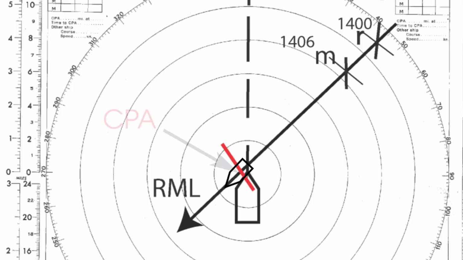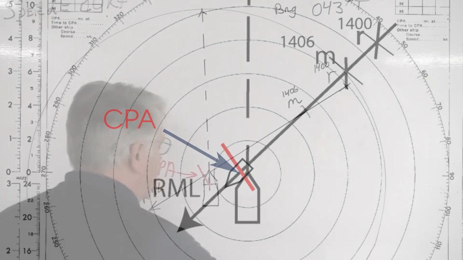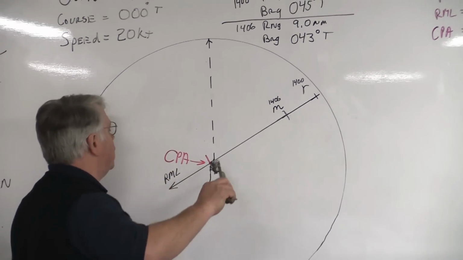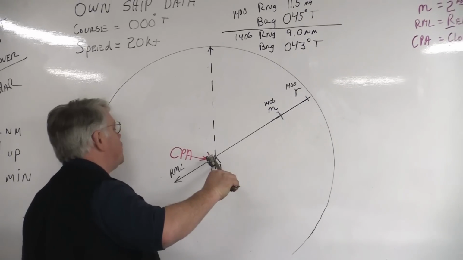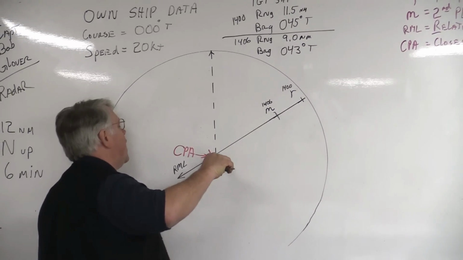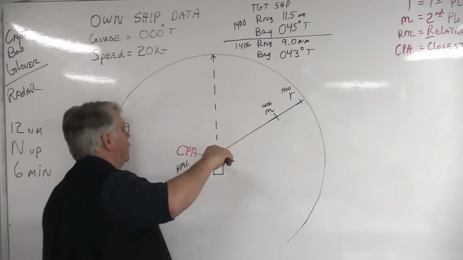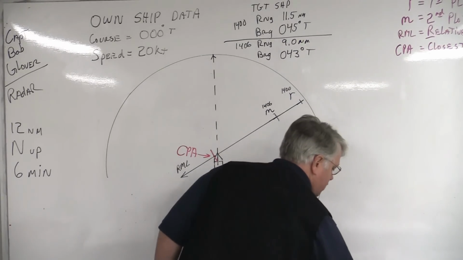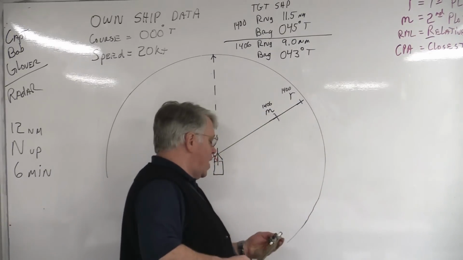Now to find out the first piece of information, CPA distance, it's very simple, guys. All we do is take our compass and measure the distance from the center of our ship to that CPA point. And then go over to your 12-mile scale, because that's the scale we're using, and measure that distance.